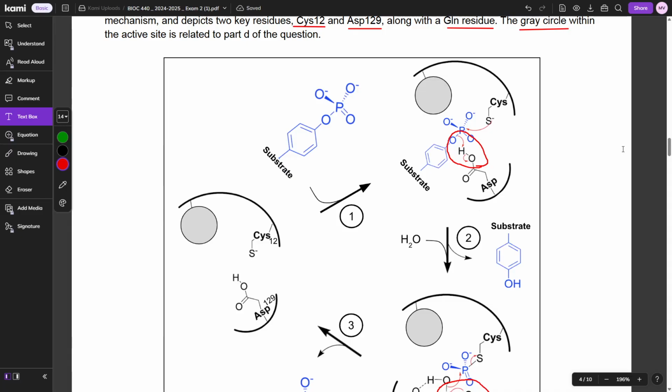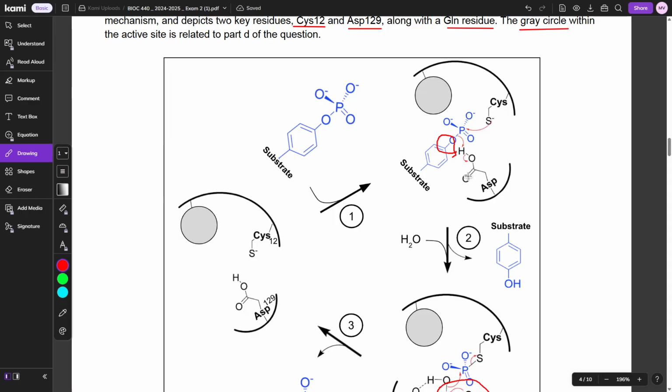I can see them putting hydrolysis as an option, but I would say this is not hydrolysis, because I would expect to see the water actually helping with the breakage of this bond right here. That to me is a hydrolysis reaction, where I'm using water to break a bond between substrates.